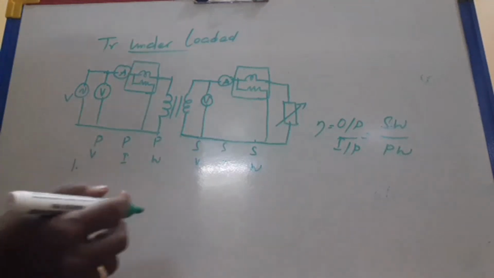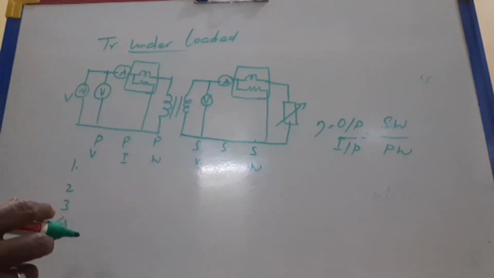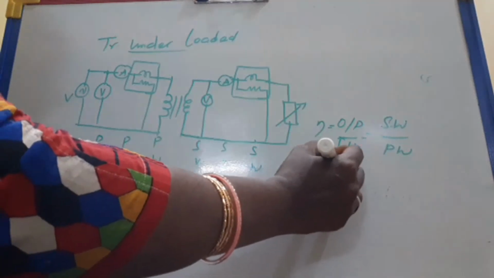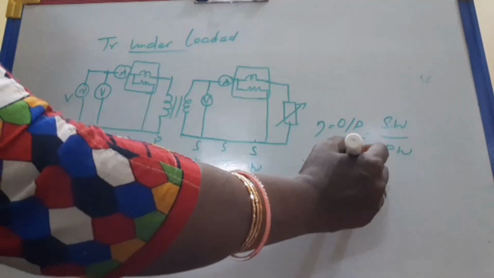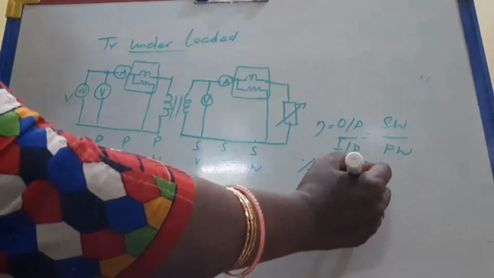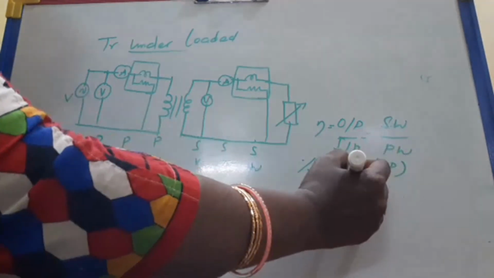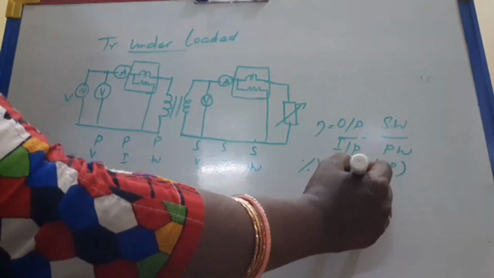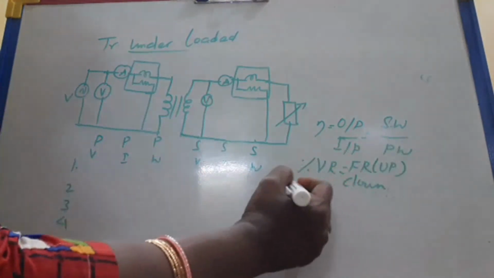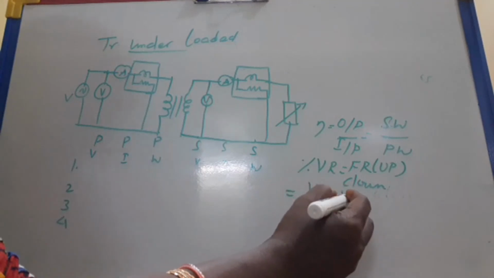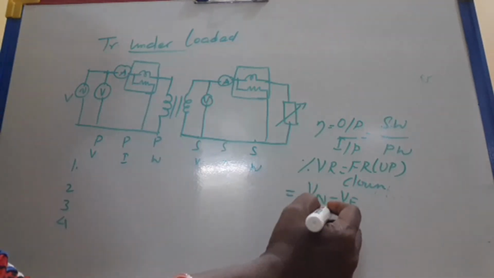For each load variation, we can identify the efficiency as well as the percentage voltage regulation, that is load regulation, both up regulation and down regulation. Up regulation is V no load minus V load divided by V load.